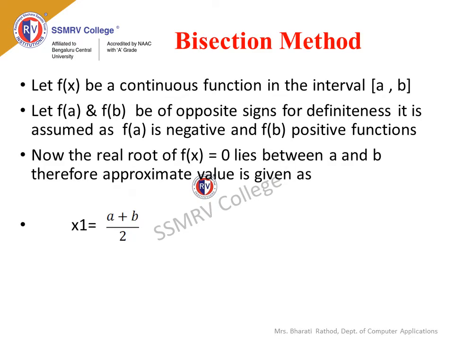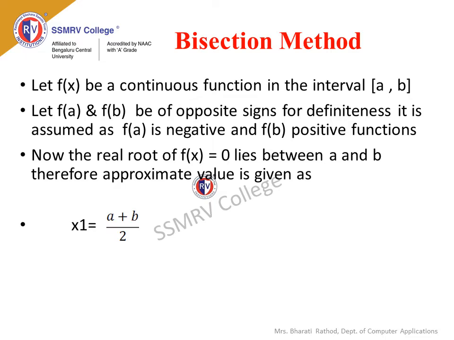Bisection method. Let f(x) be a continuous function in the interval [a, b]. Let f(a) and f(b) have opposite signs. For definiteness, it is assumed that f(a) is negative and f(b) is positive. Now, the real root of f(x) = 0 lies between a and b.